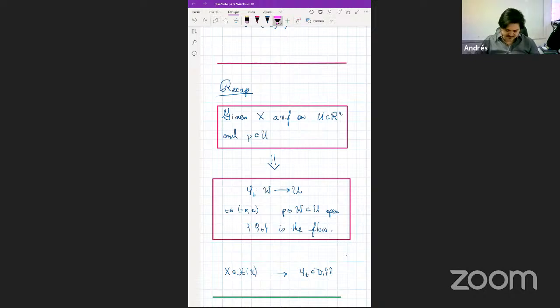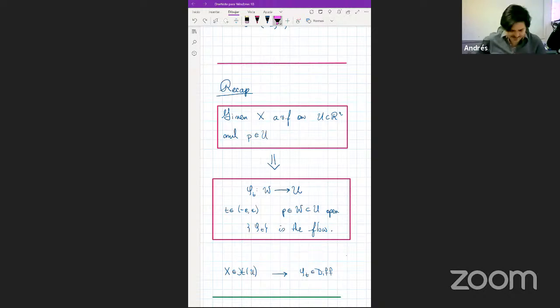Right, so here, we would like to think of this as diffeomorphisms of the manifold. Right, now I put here the U, the open set in Rn, and that's why I didn't put diffeomorphism of what.